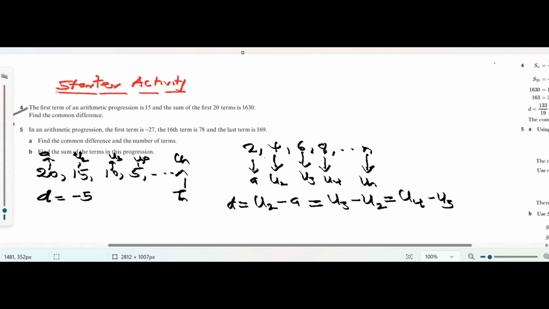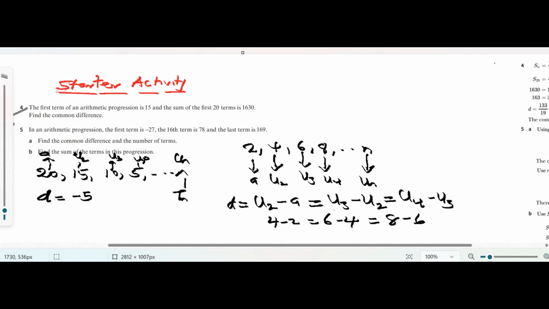Let's check it out. 4 minus 2, which is the same thing as 6 minus 4. 6 is my third term, 4 is the second term, which is the same thing as 8 minus 6. Everything here will give you 2.